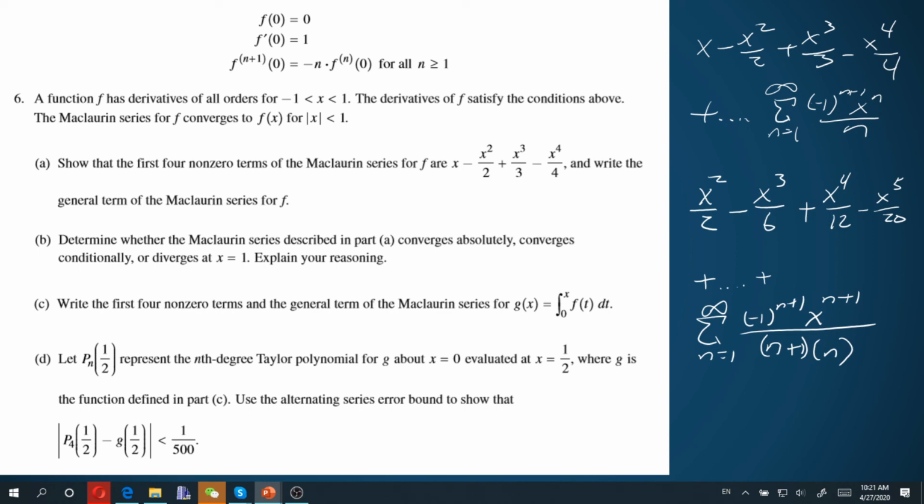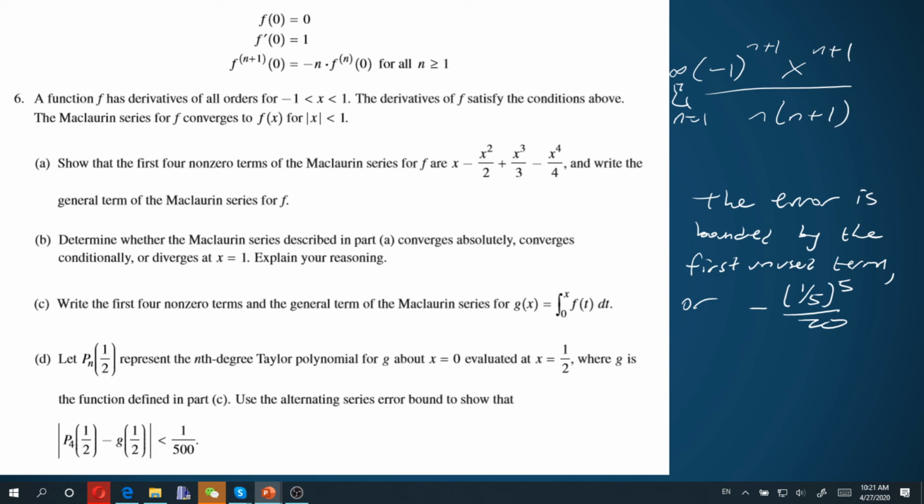Okay, if I raise this to the 5th power, what's going to happen? That's 1 over... it's a very small number. Sorry, I got this wrong, actually. We're plugging in 1/2, not 1/5.